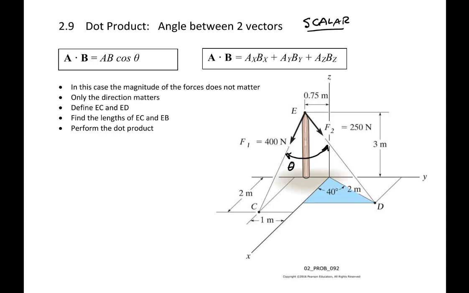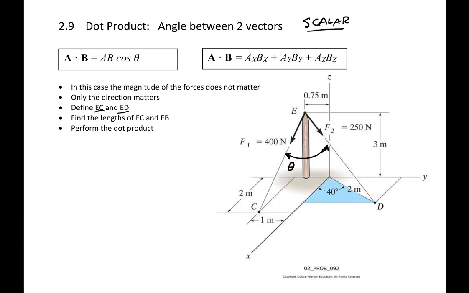Right, so our approach is to define the two vectors and find the Cartesian description of those two vectors and just start multiplying the components. In the end, we'll find there is an unknown angle, which is in the cosine. Alright, so let's see what we can do.